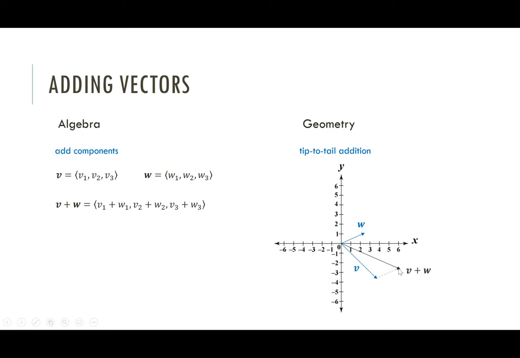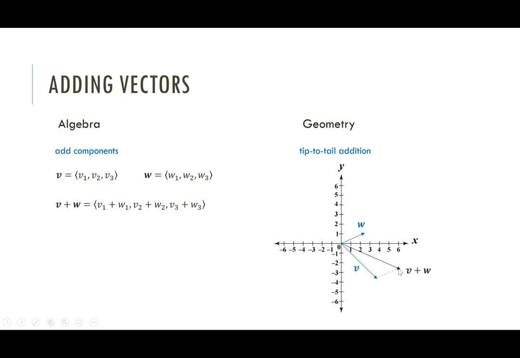And I think this makes sense when thinking about times you might want to add vectors. Like maybe you're traveling in this direction for this length, and then you travel in this direction for this length.